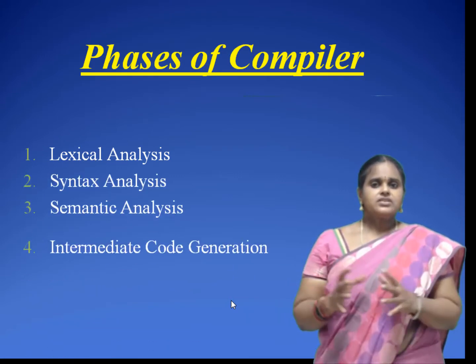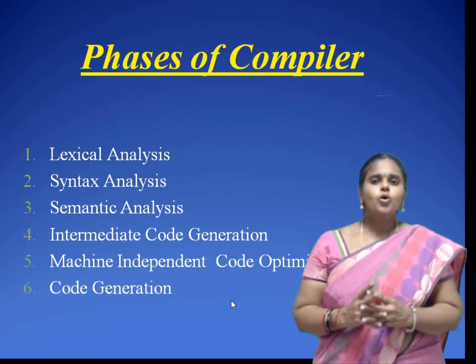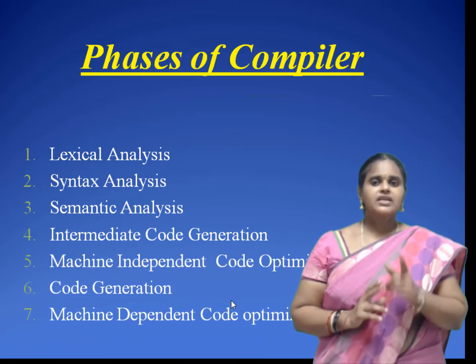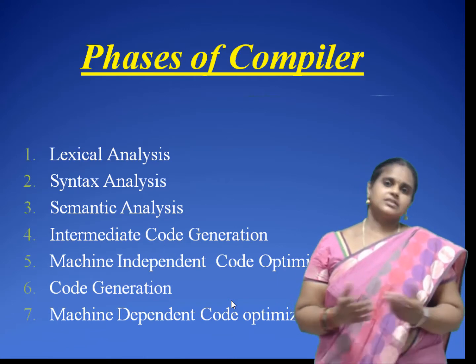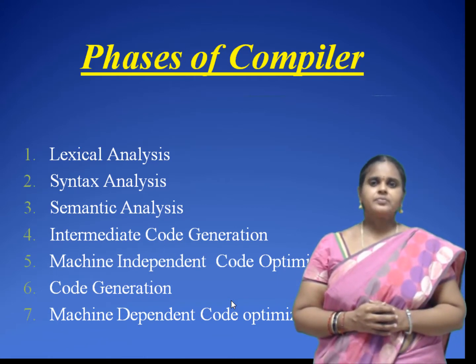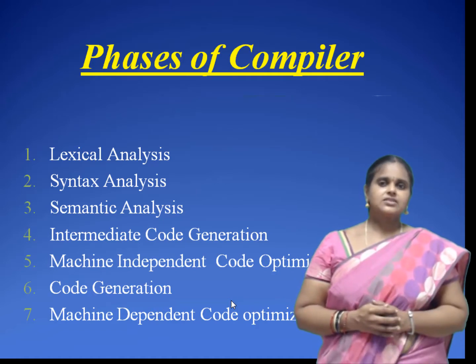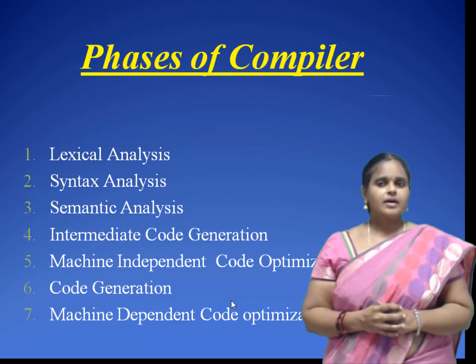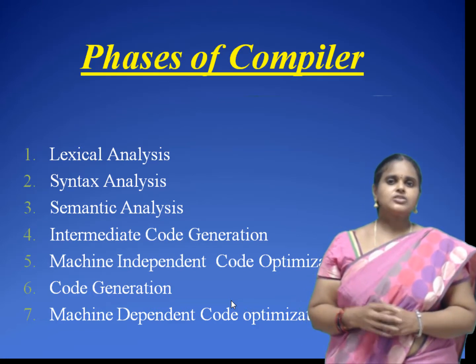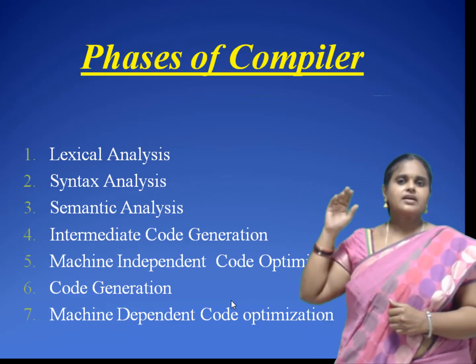These 7 phases are grouped into 2 passes. The first pass is the analysis pass and the second pass is the synthesis pass. These are the 7 phases of a compiler.